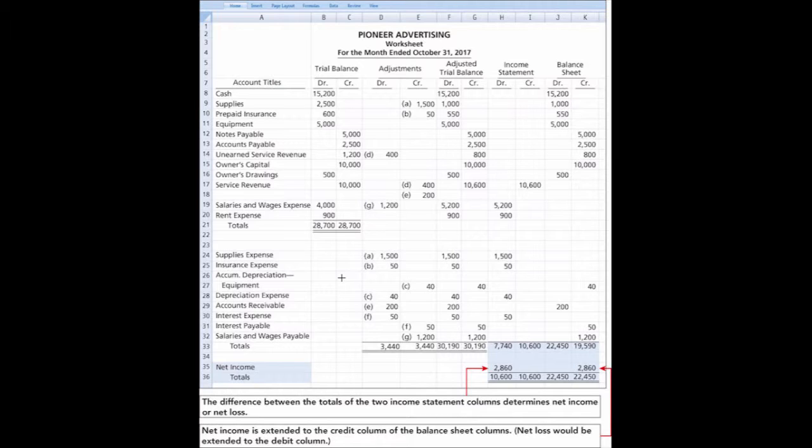You learned how to prepare a trial balance in Chapter 2, which displays the accounts and their balances at a given time. So if you need to refresh your memory as to what a trial balance is, go back to Chapter 2 and you will see that this is just a copy and paste of that trial balance, except that we put it in cells in the Excel sheet.